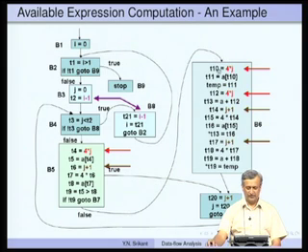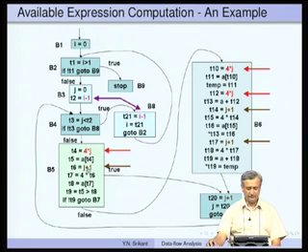When we say 4 star j is available here, we are supposed to look at all the paths from the initial node to this particular point and make sure that there is a computation of 4 star j. Well, this is trivially ensured, because every path that reaches here goes through this basic block. There is no way you can actually reach this point otherwise. Once we go through this basic block, 4 star j is computed, and we are not assigning any value to j here; j actually gets assigned only here. So, 4 star j definitely is available at this point.